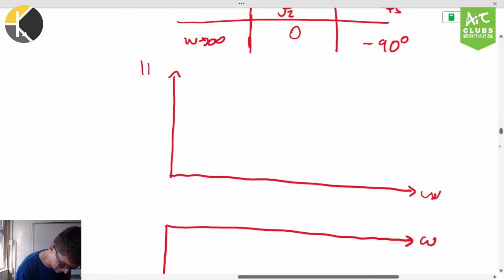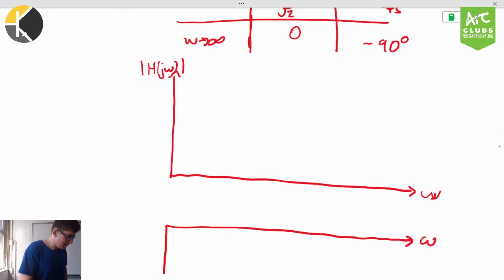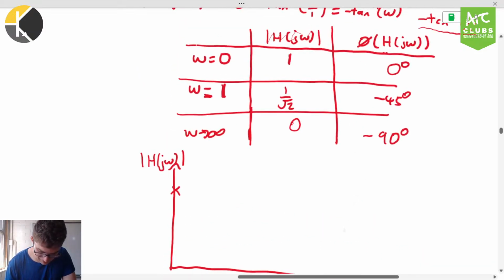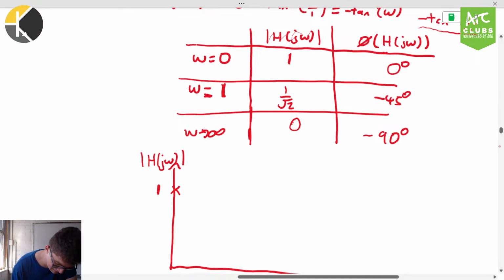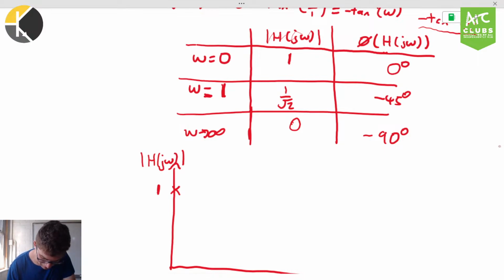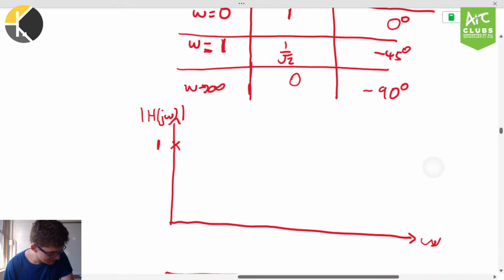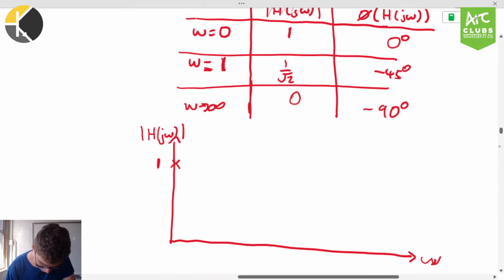And over here we'll have the magnitude. All right, let's plot our points and connect the dots. Okay, 0. So let's plot on this one first. Let's do this. We'll make this 1. We will plot the next point, which is omega equals 1.